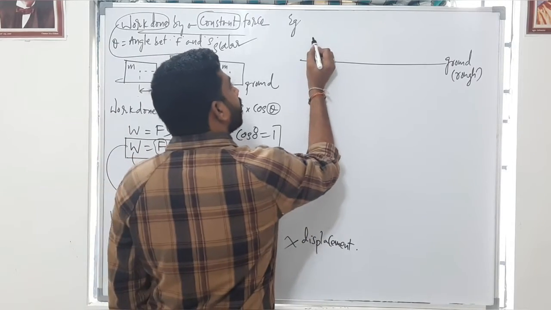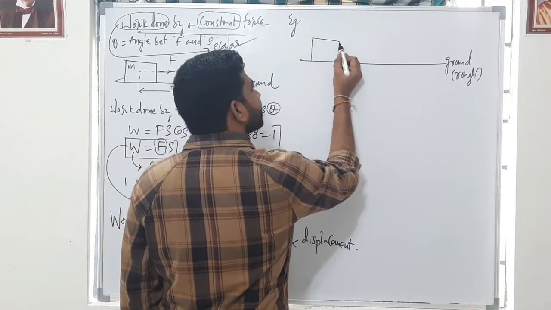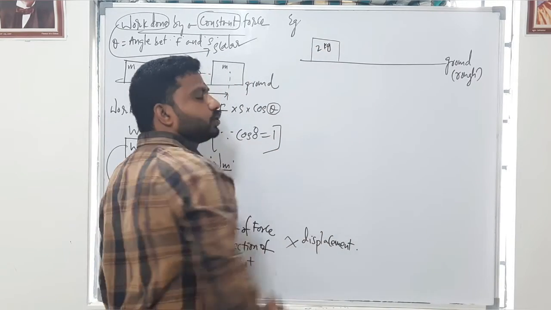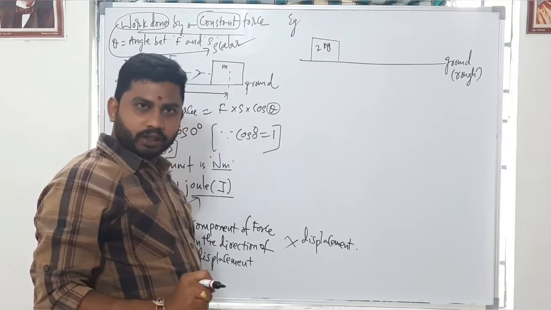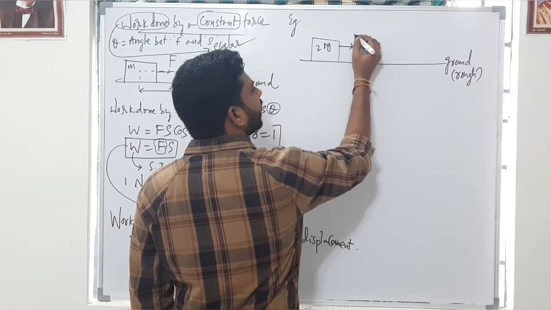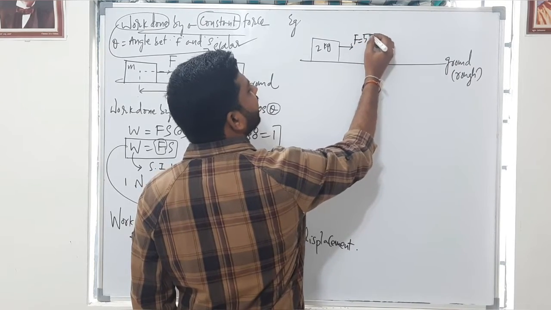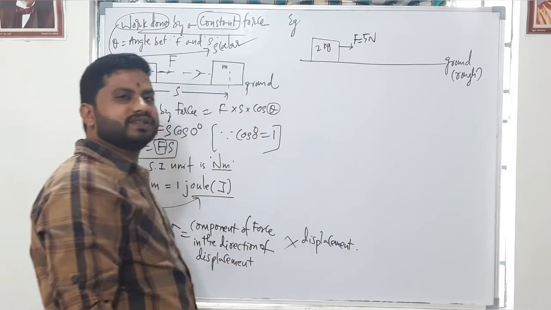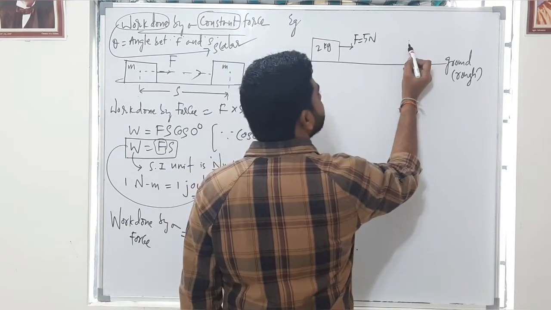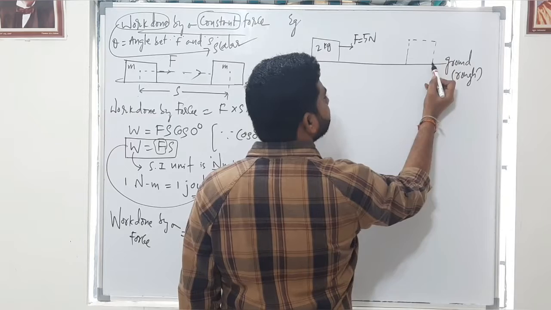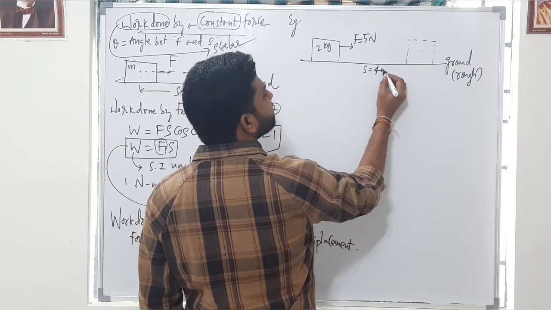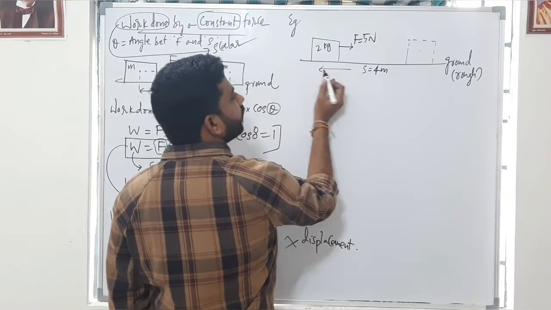Now, there is a body of mass 2 kg. Listen here, 2 kg. On this body, there is a force acting here, F, which is equal to 5 newtons. Listen, 5 newtons is the force acting on the body. Because of this 5 newtons constant force, after some time, the body has reached a displacement of 4 meters from here to here.